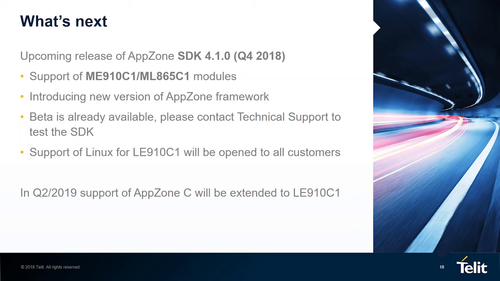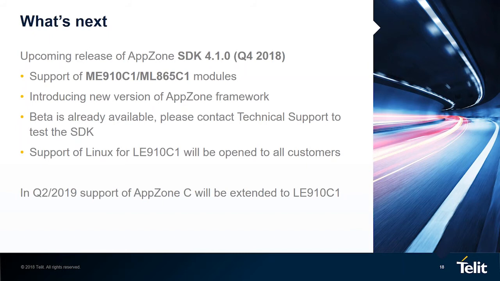So if there are customers with applications already developed on older modules, they will be able to port the same code to the new modules. But for this new platform, we will deprecate the old APIs and we'll invite the customer to use the new ones because they are simply better and newer.